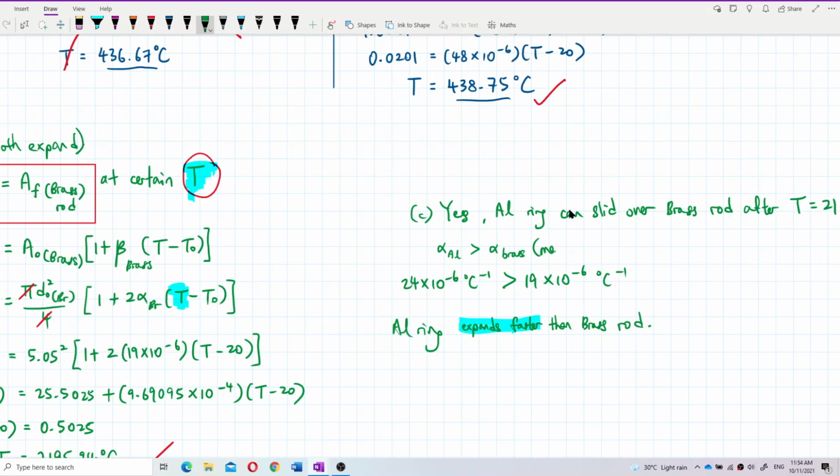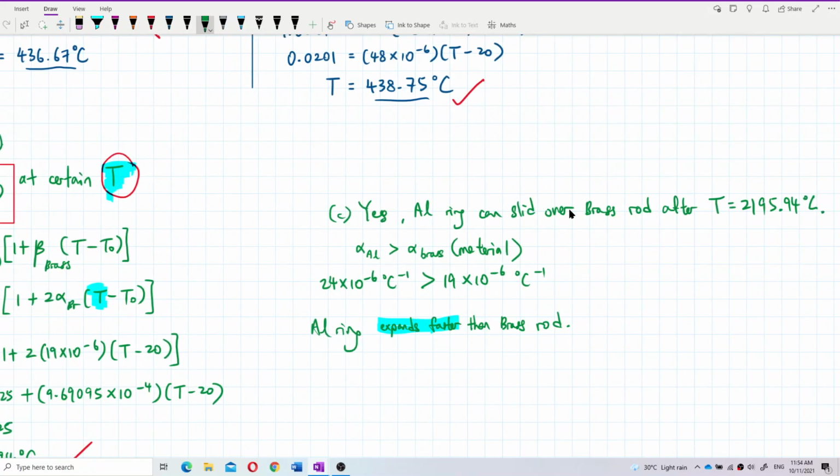This is about the material's coefficient of linear expansion, because aluminium has a higher coefficient of linear or area expansion than brass.